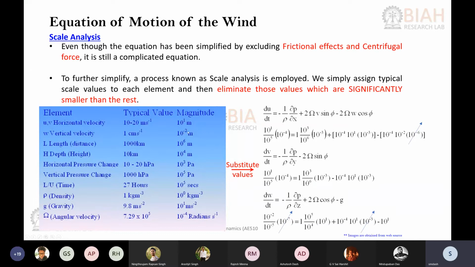Then the length scale. The length of atmospheric circulation along the horizontal plane can be up to 1,000 kilometers, so the order can go up to 10 raised to 6. Height or depth wise, the circulation will not be that large, maybe up to tens of kilometers.